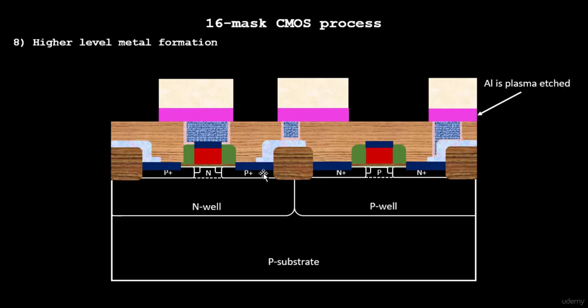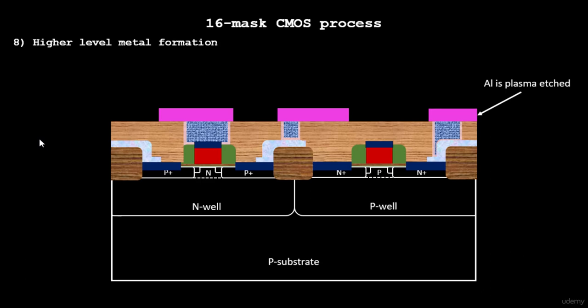The next step is the deciding factor: which are the contacts that you want to bring to the next level, because there are some contacts which can be connected internally. For example, if you look into a CMOS structure, the drain of your NMOS and the drain of your PMOS are tied to the output. That can be locally connected, but the output can be taken off through some higher metal level connections.